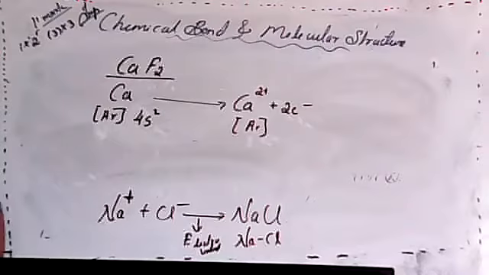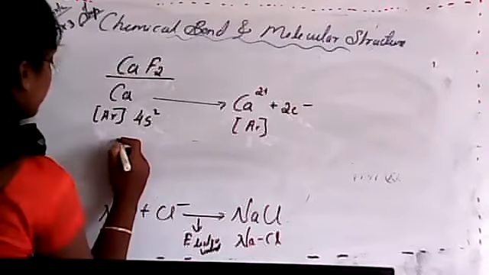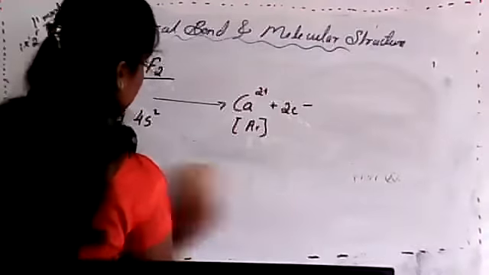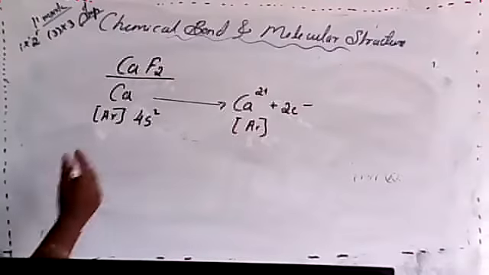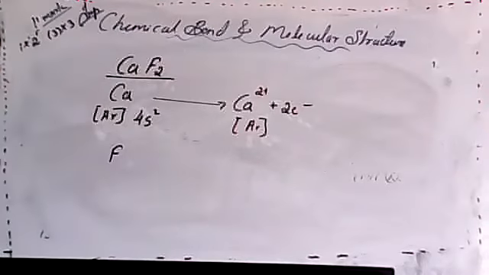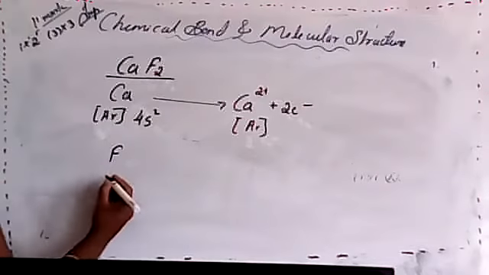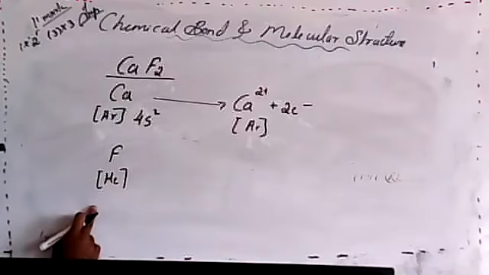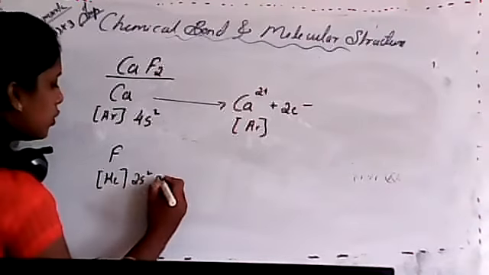Isn't it? So now I'll move to fluorine. Student, fluorine, atomic number 9. So I'll write helium, which is 1s2. Then 2s2, 2p5, isn't it?